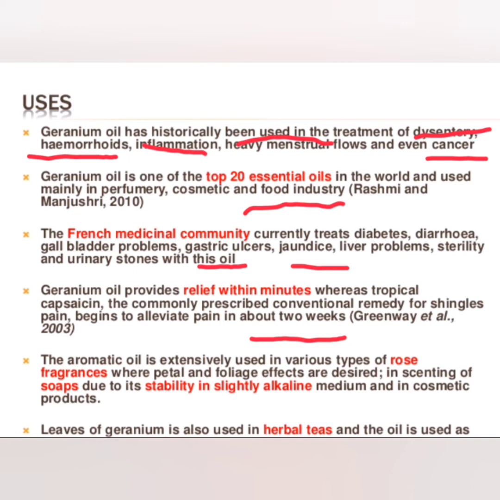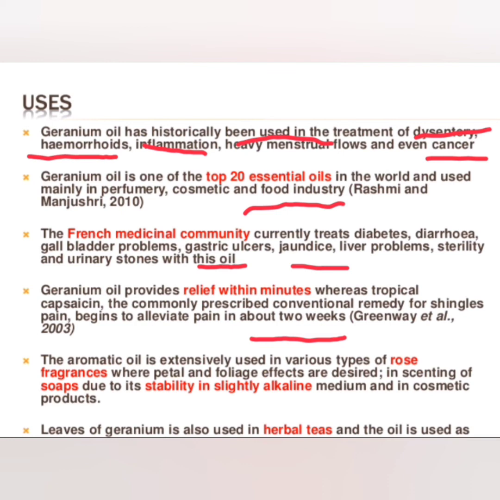And this aromatic oil, which is obtained from this plant, is extensively used in various types of rose fragrances, where petal as well as foliage leaf effects are desired. And also it is used in scenting of soaps, and also in scenting other cosmetic products.